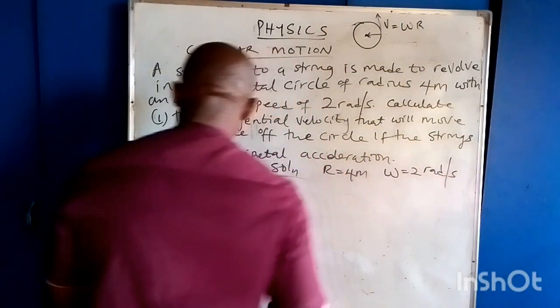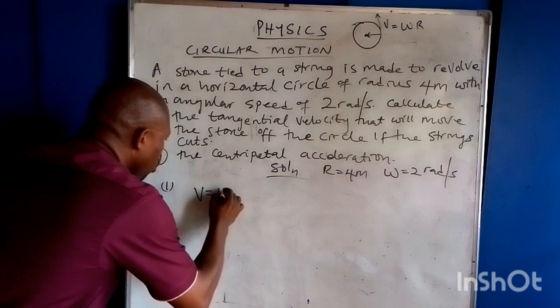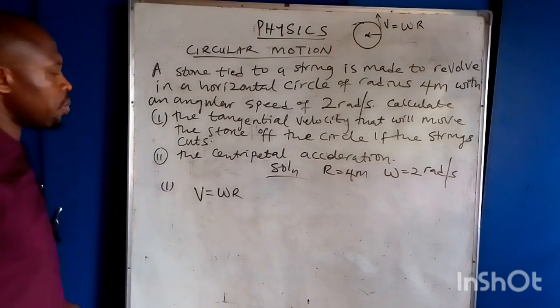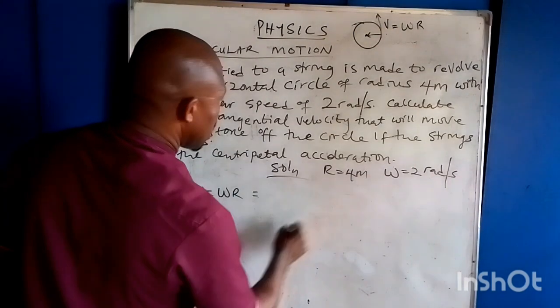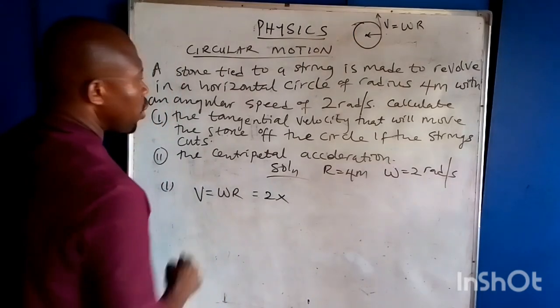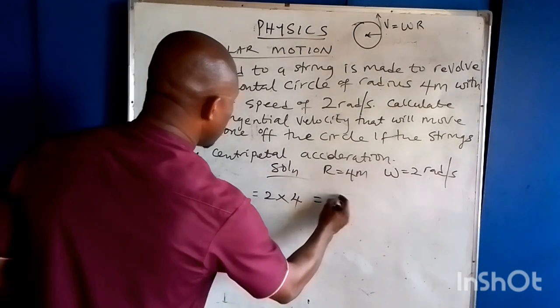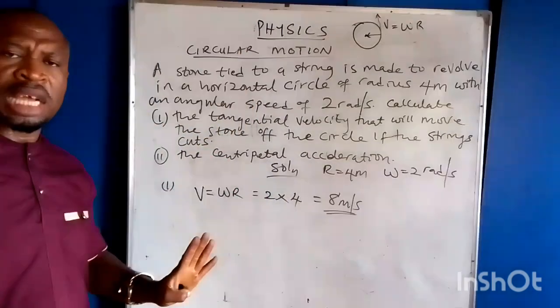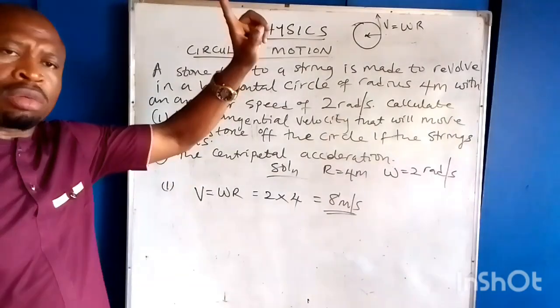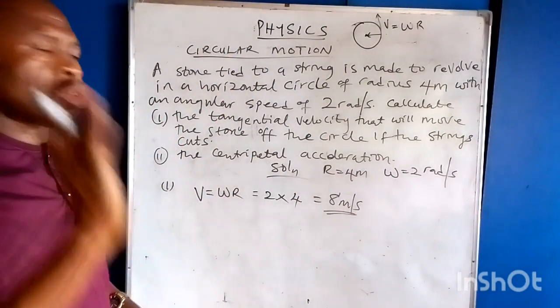Now we have the formula v equals omega r, where omega is 2, while the radius is 4. Now the tangential speed will be 8 meters per second. That is the tangential speed that will move the stone off the moment the string cuts.